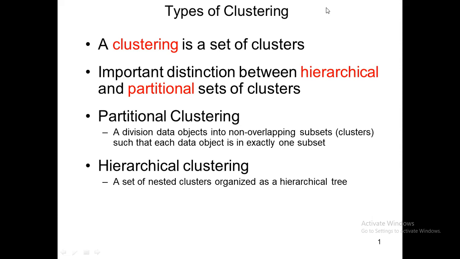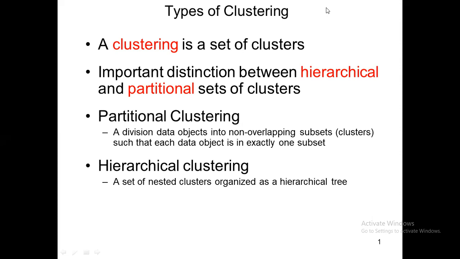First, unsupervised learning. Clustering is an unsupervised machine learning technique, meaning that the algorithm does not rely on labeled data, because we all know that in unsupervised machine learning we do not provide any labels.